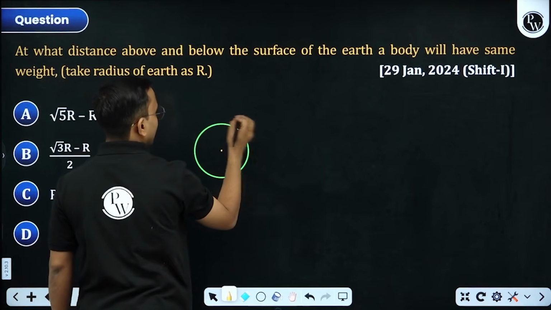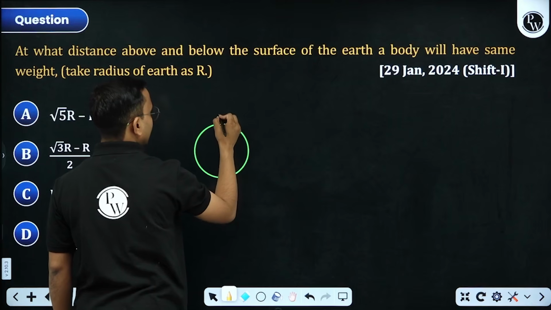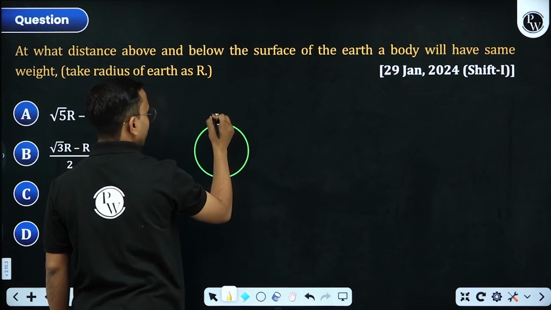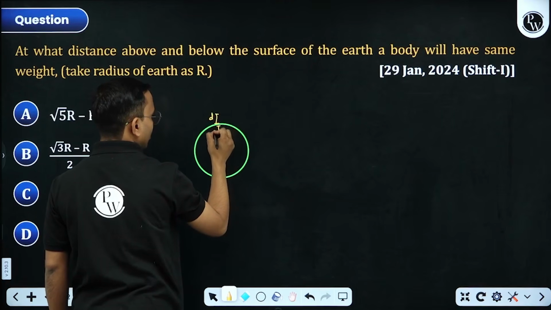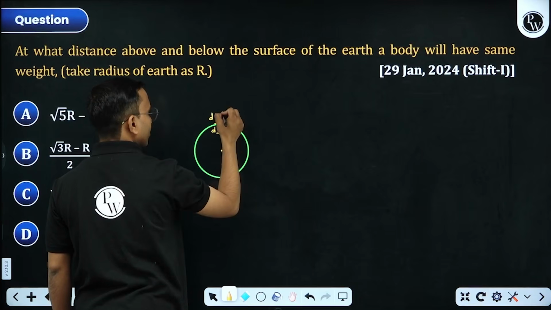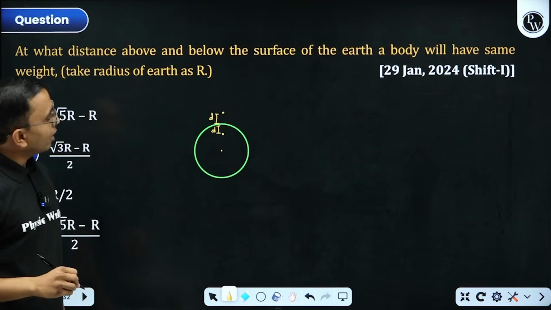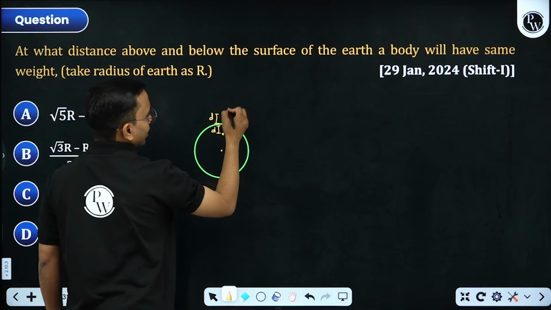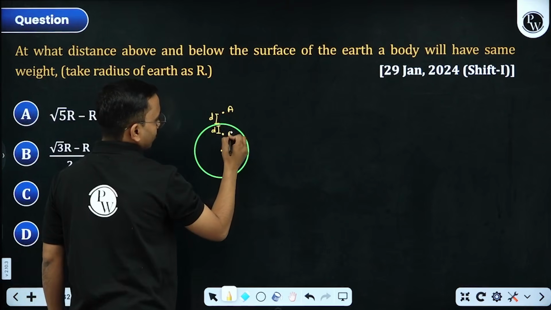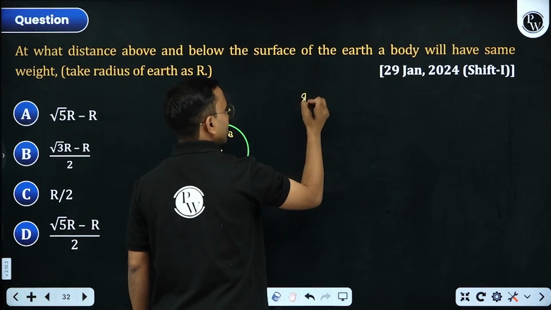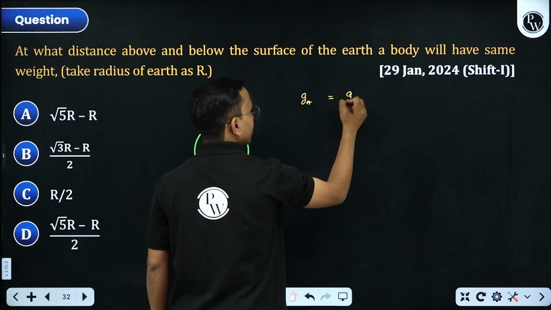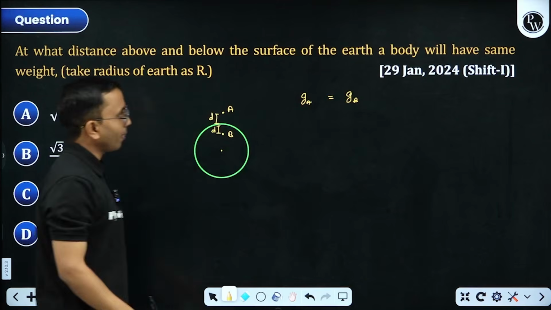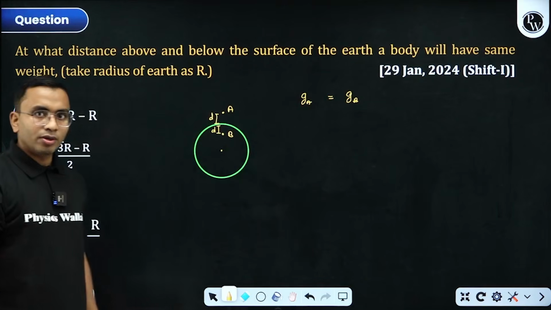So let us take a distance d above and a distance d below. Let us take this as my point A, this as my point B, and I need to say GA is equal to GB.